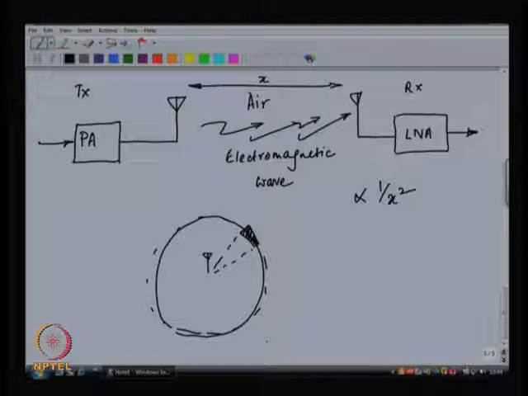Now, there is also this other thing about losses. All the power transmitted by the transmitter is not really received by the receiver. Some of it is lost in air, in the atmosphere, some of it is lost as heat. So, we typically like to minimize losses.